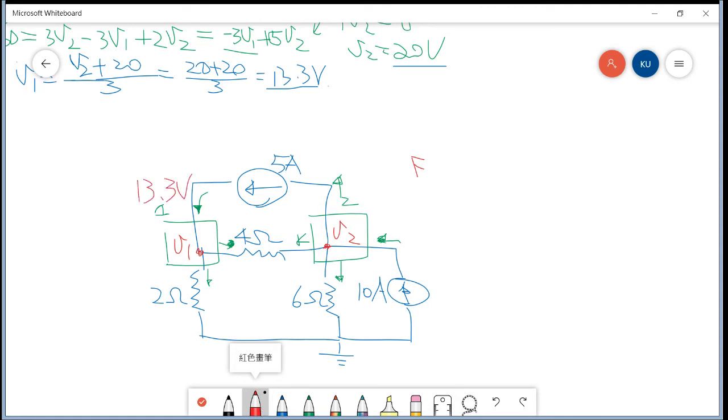And maybe I can erase some of the green boxes so that it will not be so messy.